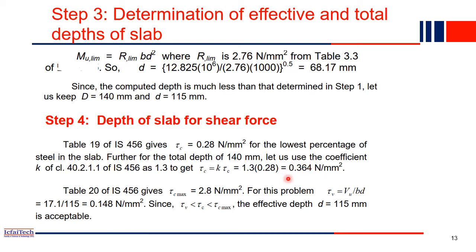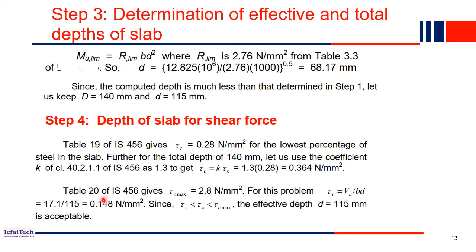So our slab can take that much shear stress. Now we have to find how much shear stress is applied. If the applied shear stress is more than this, then we have to provide stirrups. Stirrups are not allowed in slabs, so we have to increase the depth. If the applied shear stress is less than this value, then everything is fine and there is no need to do anything.